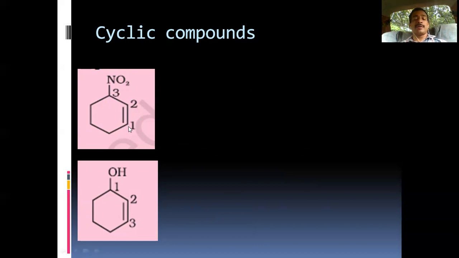So number from here 1, 2, 3. So 3-nitrocyclo, it is not hexane, it is hexene. So you have to mention where the double bond is. Hex-1-ene. 3-nitrocyclohex-1-ene.